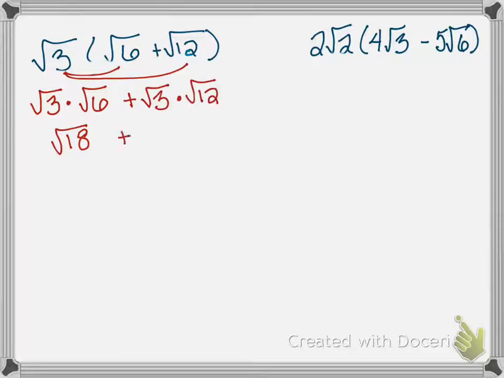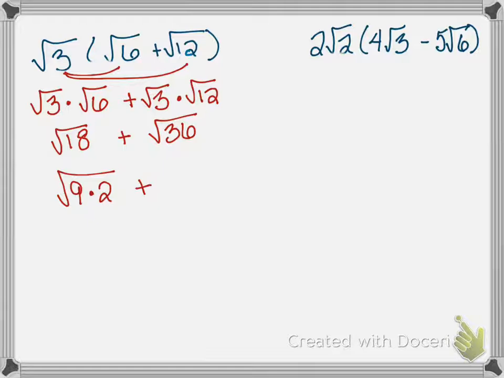Square root of 3 times the square root of 12 is the square root of 36. Okay? Can I break 18 down to a perfect square factor? Yes. 9 and 2. Good. So I have the square root of 9 times 2.